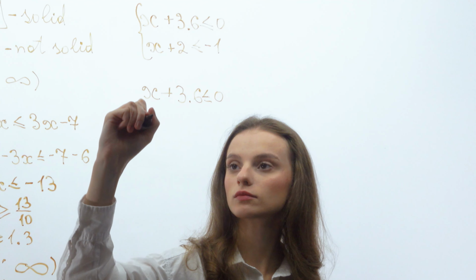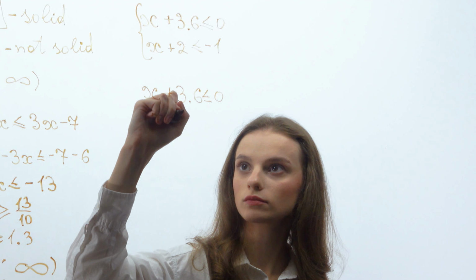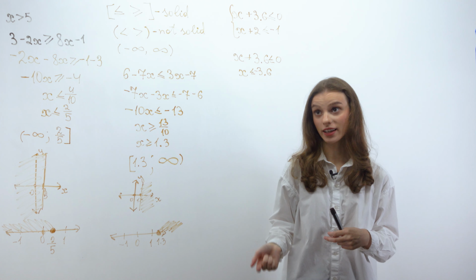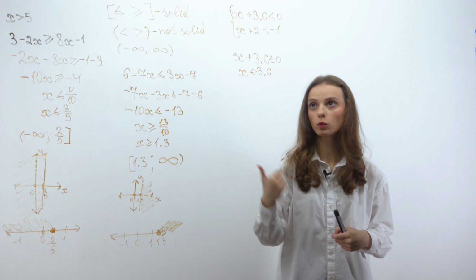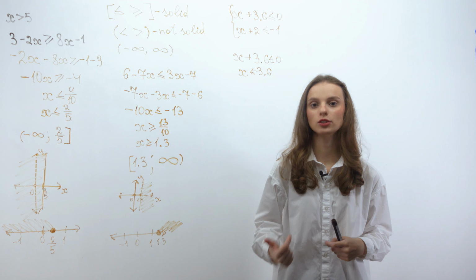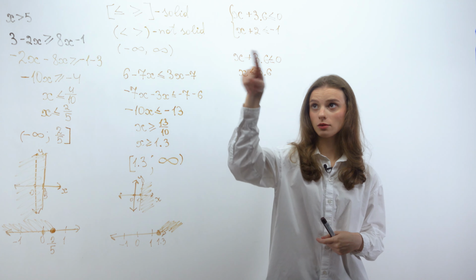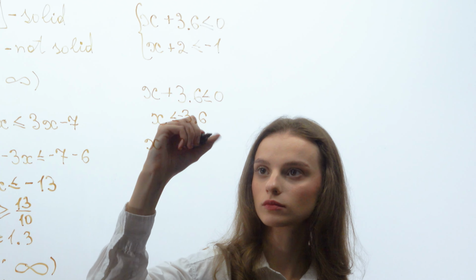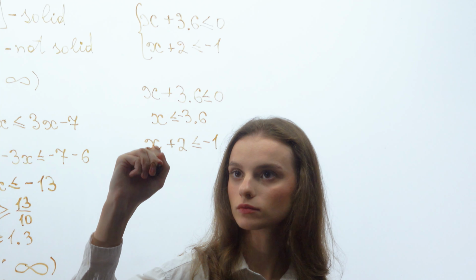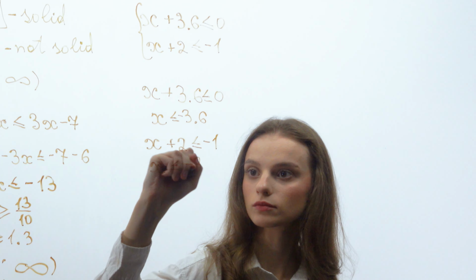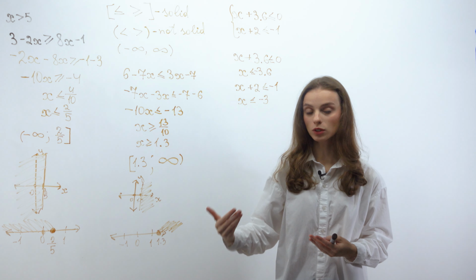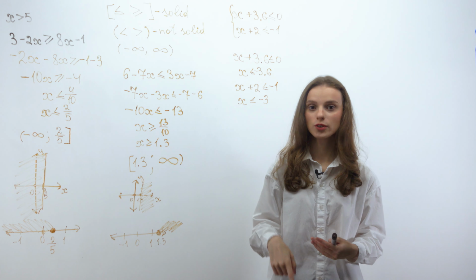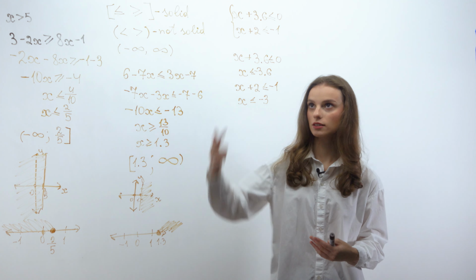So for the first one, I see that any number that is equal or less than negative 3.6 will make this inequality true. Okay, now let's do the same for the second one. And when I solve my second inequality, I see that any number that is equal to or less than negative 3 is going to satisfy this inequality.